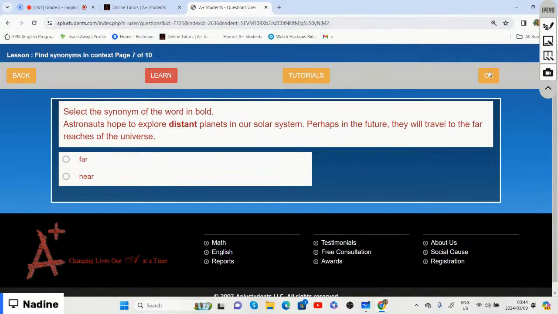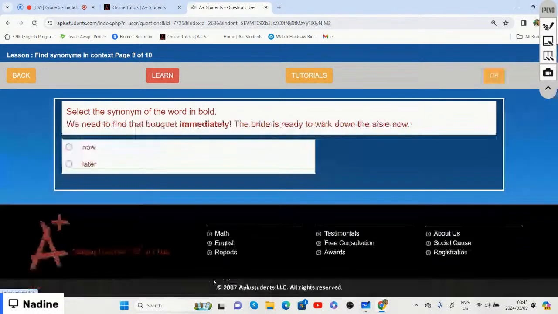Another word for distant. If something is in a distance, do we say it is very far or do we say it's near? So the synonym of distant is far.